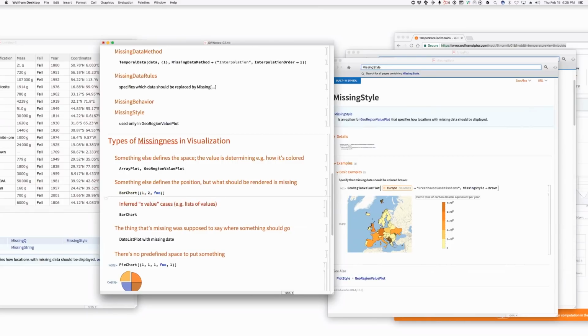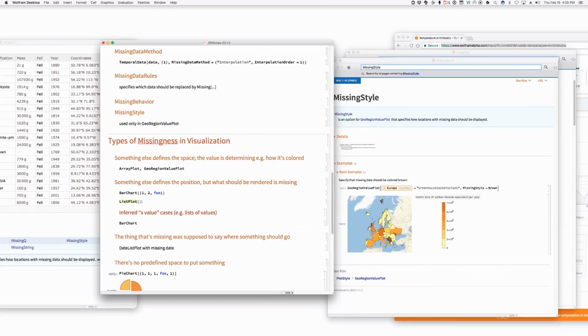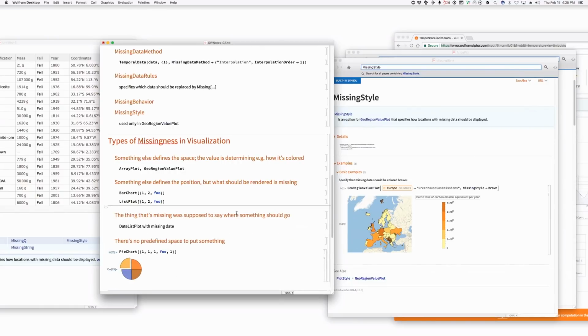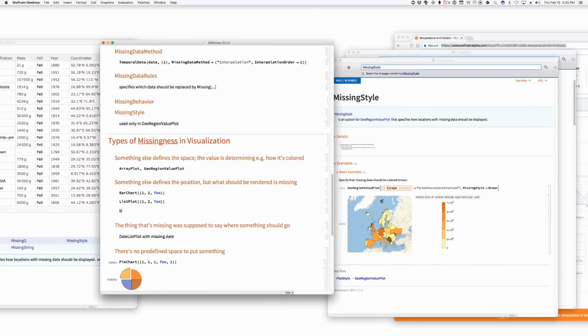Also, list plot, 1, 2, foo. I claim there's another case like that. Something else has defined but not the position. The tuples case of list plot. Exactly. But not list plot 1, 2, foo bar. That's the next category.